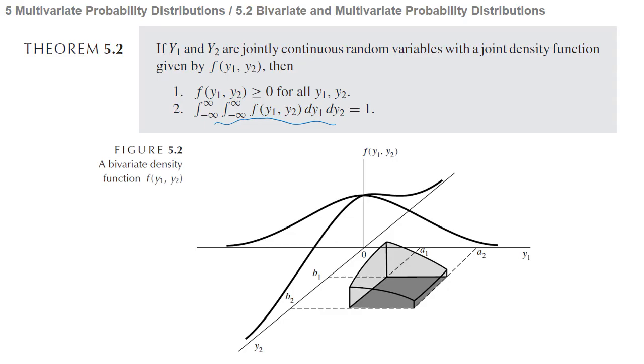And actually this theorem 5.2 is also a general extension from the axioms of probability, and for the bivariate density function f(y1, y2), we can visualize it like this.